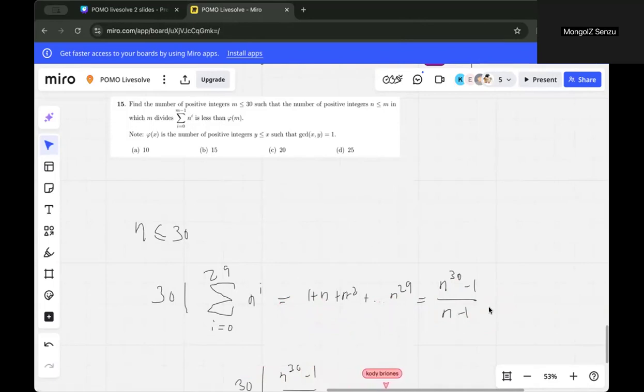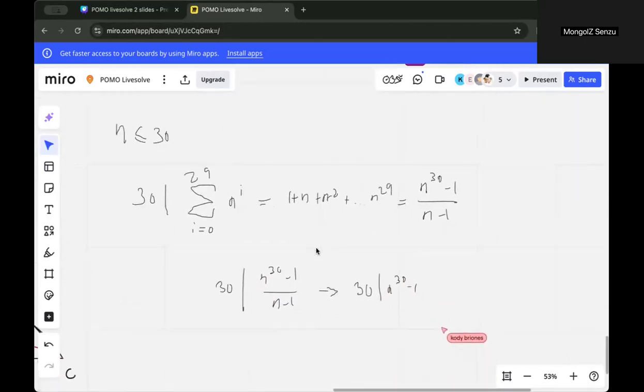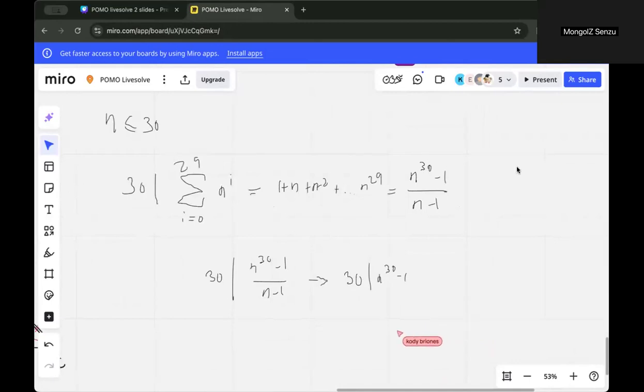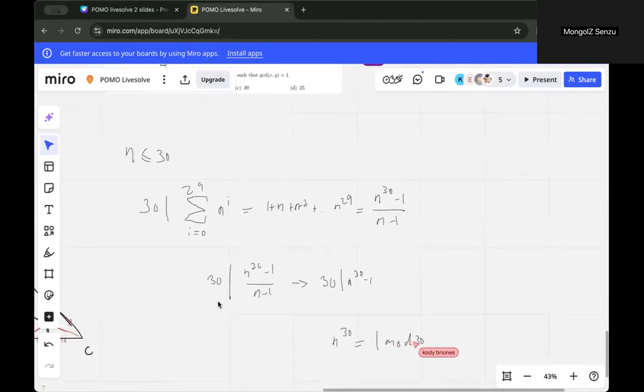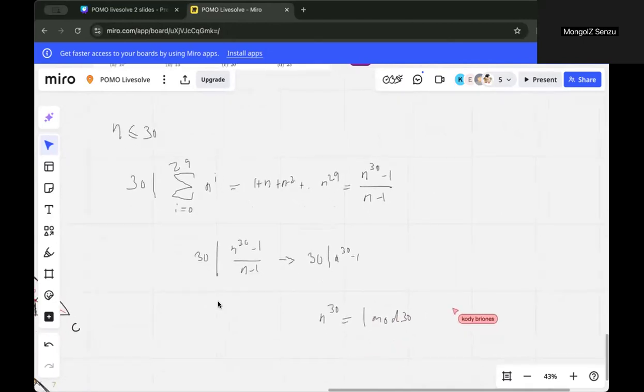So let's just write that again. And using FLT, if n is co-prime to 30, then n to the 30 should be equal to 1 mod 30, which means n to the 30 minus 1 should be equivalent to 0 mod 30.